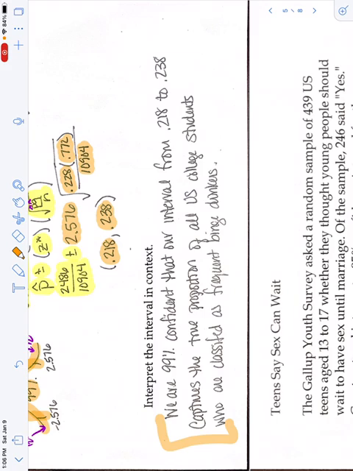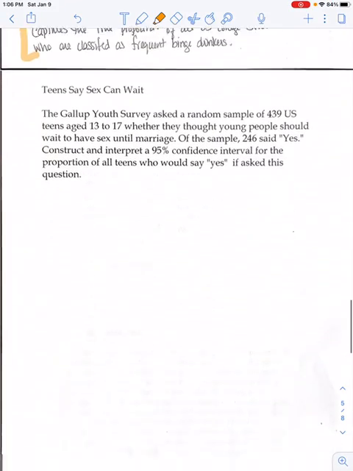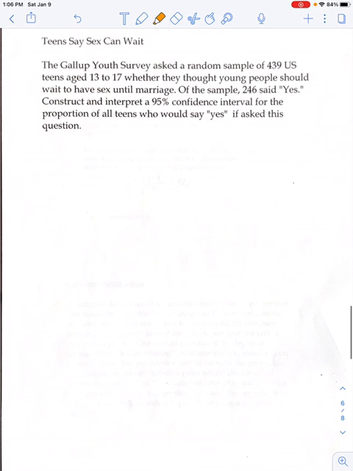All right, so there's a problem from start to finish. So now let's do a problem from scratch. Okay, here we go. Teens say sex can't wait. The Gallup Youth Survey asked a random sample of 439 U.S. teens aged 13 to 17 whether they thought young people should wait to have sex until marriage.